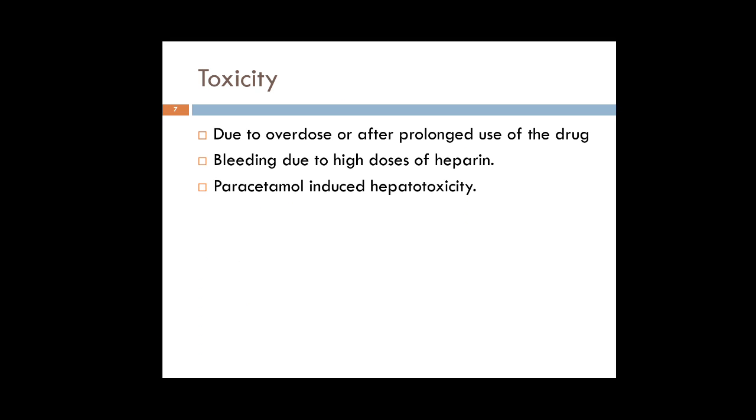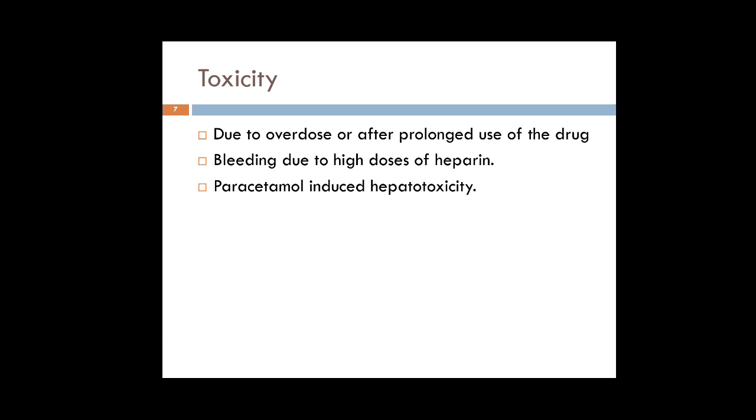Now the third ADR under the type A category is toxicity. As the name itself suggests, it is due to overdose or after prolonged use of the drug. For example, bleeding due to high doses of heparin. Heparin is an anticoagulant which inhibits coagulation. So if coagulation is inhibited, if it is stopped, then there will be more bleeding.